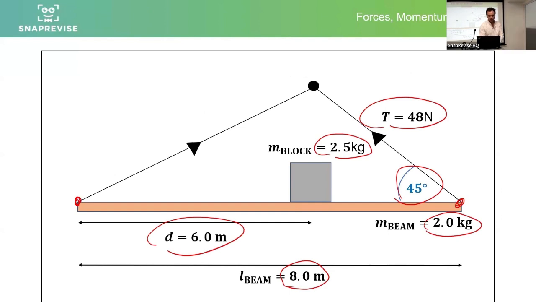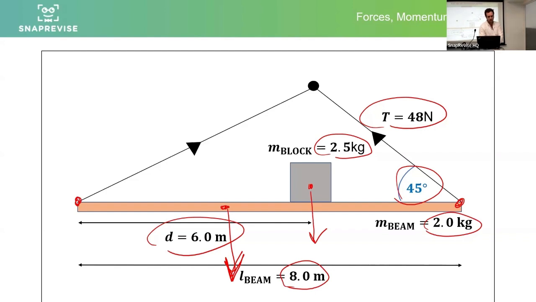Somewhere along here, I'm going to draw it in an intentionally not obvious place, there's the center of mass of the beam, and you've also got this block here. So there's 4 places where forces are being applied. I always recommend choosing one of those places as your pivot.